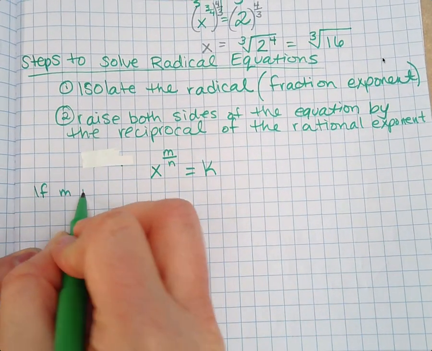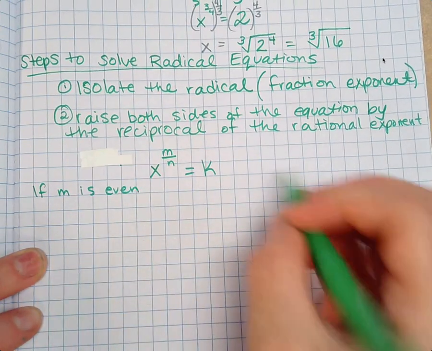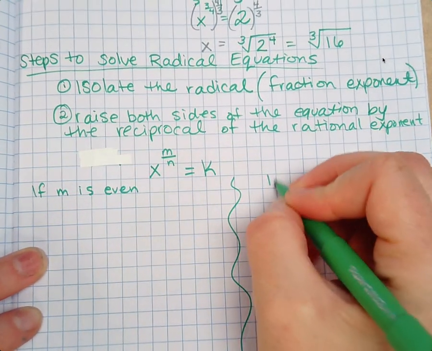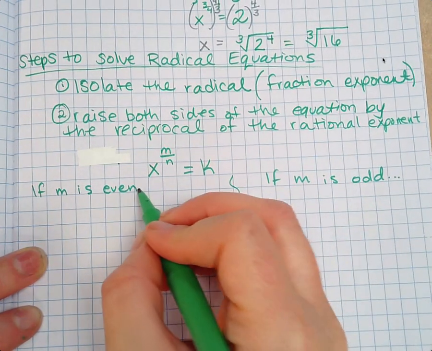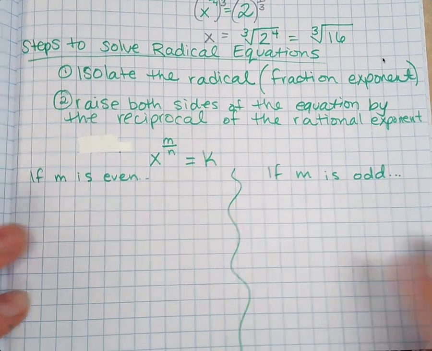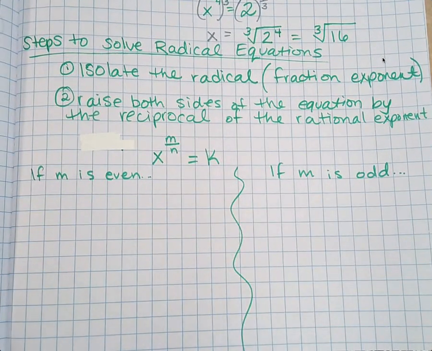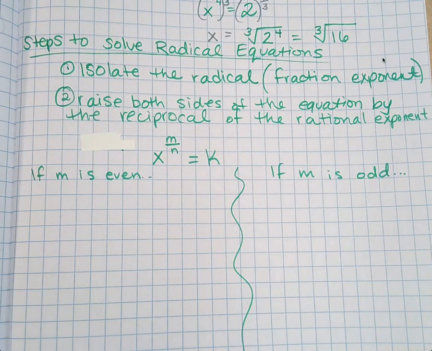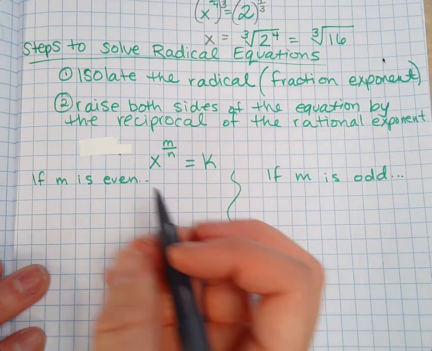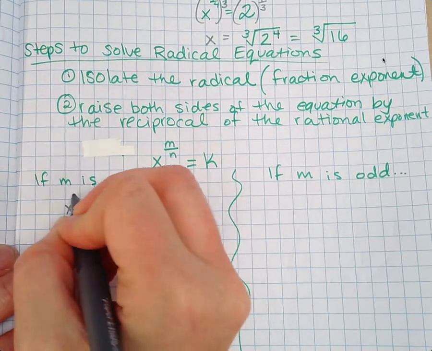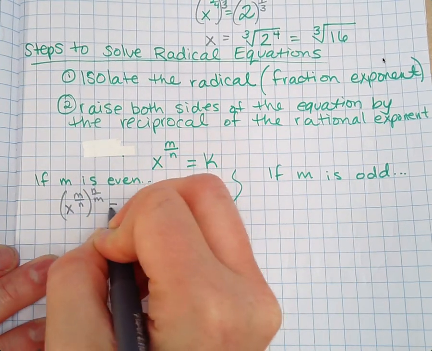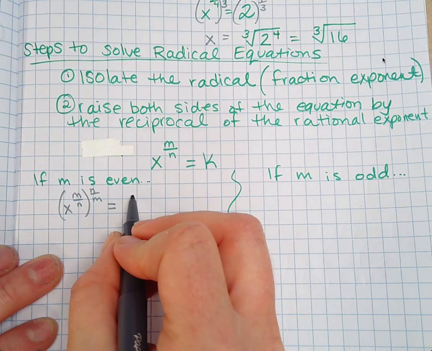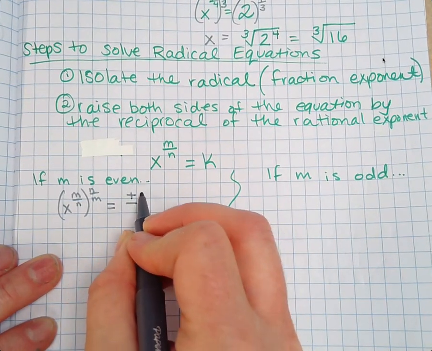If m is even, then when we raise our m over n to the n over m, we are going to get two answers, actually, a positive and a negative answer.